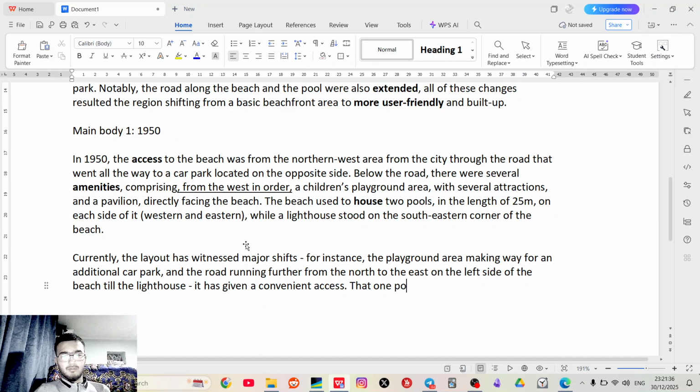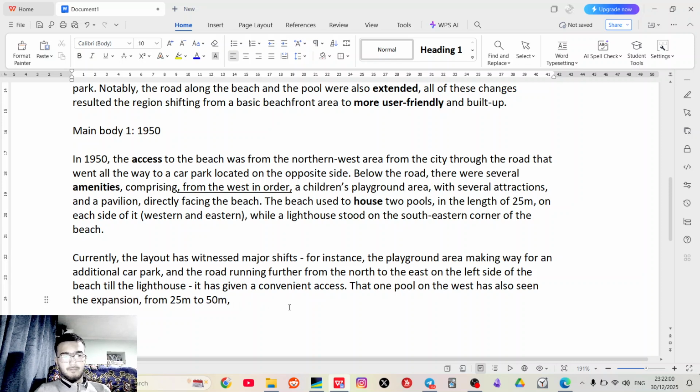That one pool on the west has also seen the expansion from 25 meters to 50 meters. Expansion, right?